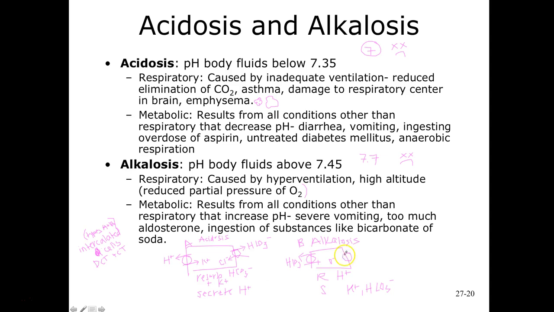And then the last one I'm going to draw in here is our hydrogen, because we want to reabsorb our hydrogen. That's going back to our blood supply, and we are taking in our potassium. And what happens is the potassium goes through a channel and that is secreted too. Okay, so I just wanted to give you a little background on how we would control that.